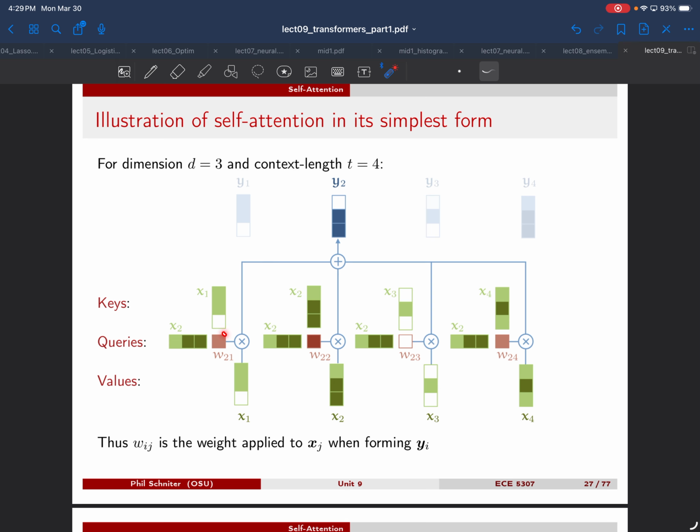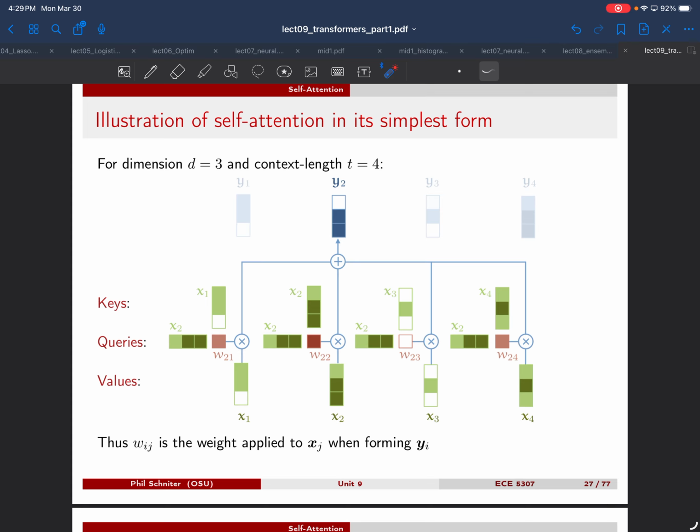The weight when creating y2 and using x1, we got from the inner product between x2 and x1. This weight we got from the inner product between x2 and x2, and so on. So it's just a visualization of what we saw on the previous page.